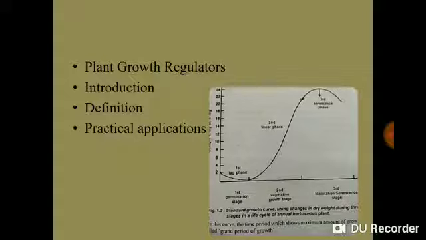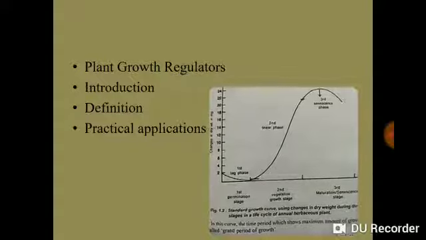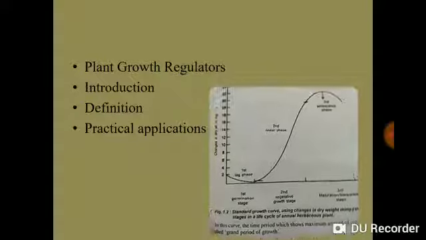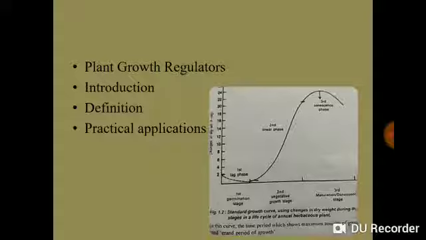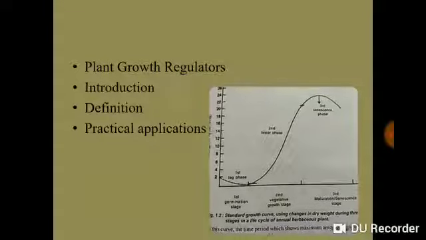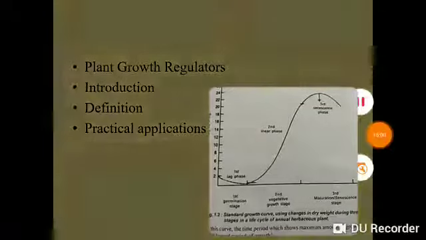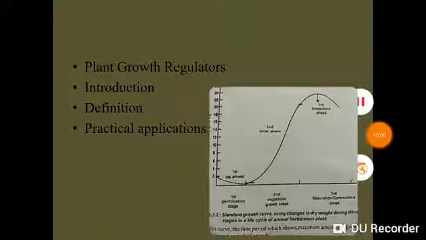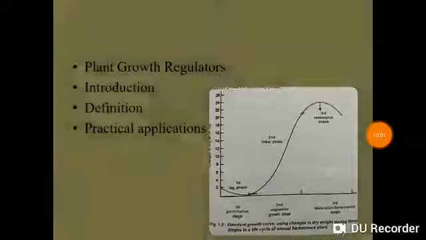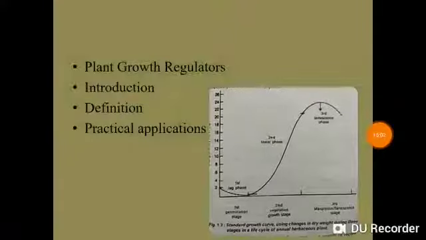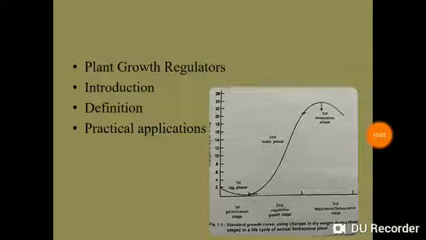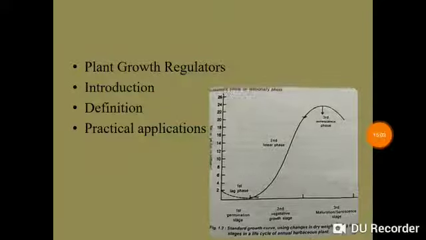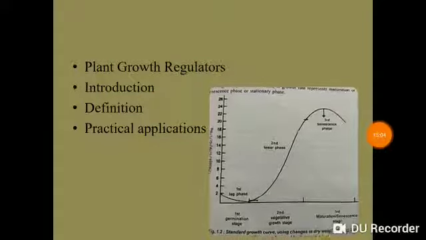During its life cycle, dry weight initially decreases, and it remains more or less constant during the germination stage, and it increases very rapidly during the vegetative growth stage. Finally the dry weight remains constant or decreases during the maturation or senescence phase prior to death of the plant.